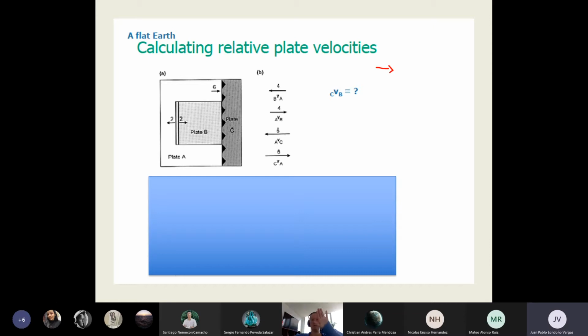Oh no, B3. So you're looking at B with respect to C. So yes, it's moving to the right. You confused me. Okay, so that's right. So B is moving this way if I keep C fixed. Now, how fast?